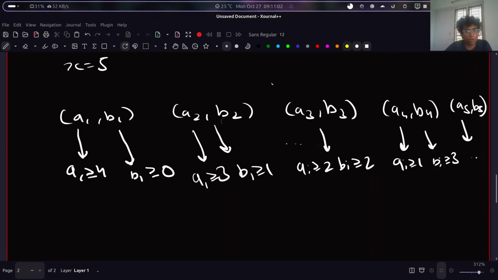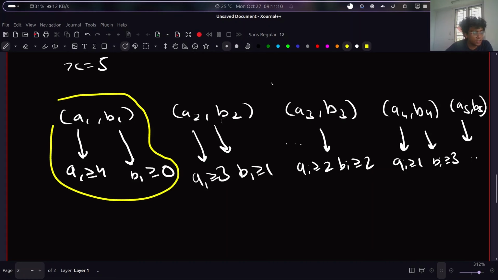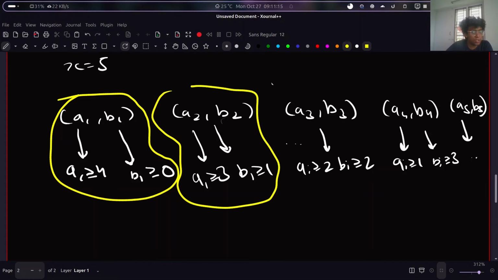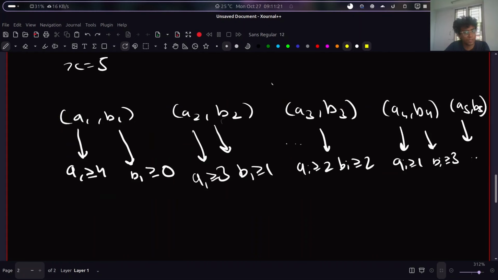Now the thing is, no matter which person you pick, as long as the first person satisfies this condition, the second person picked satisfies this condition, and the third person picked satisfies this condition, and so on, this pattern is perfectly valid.